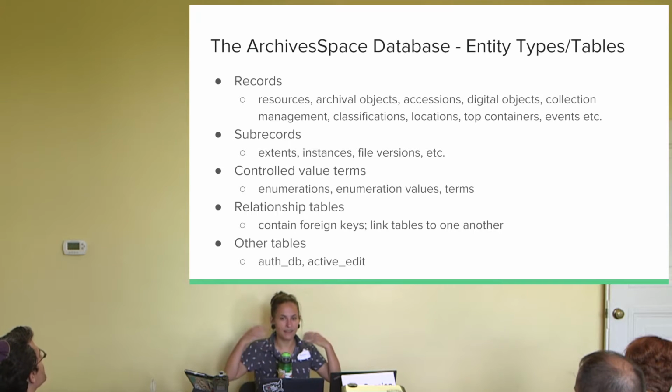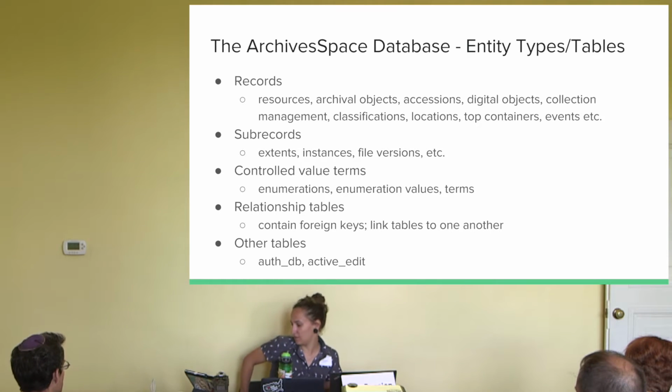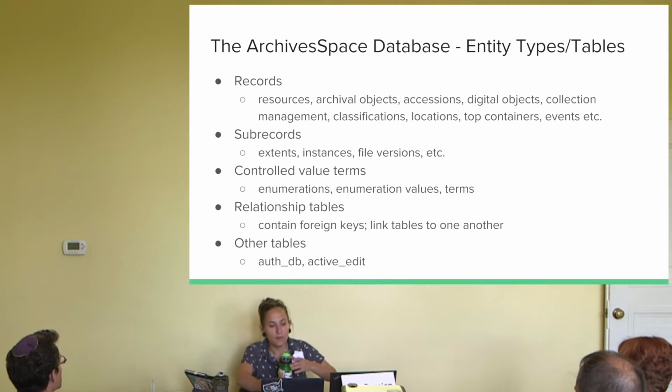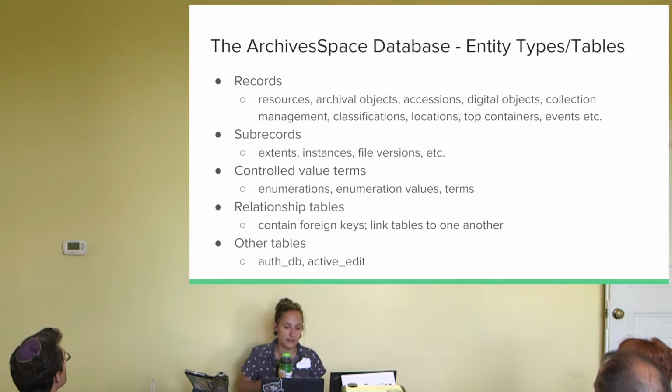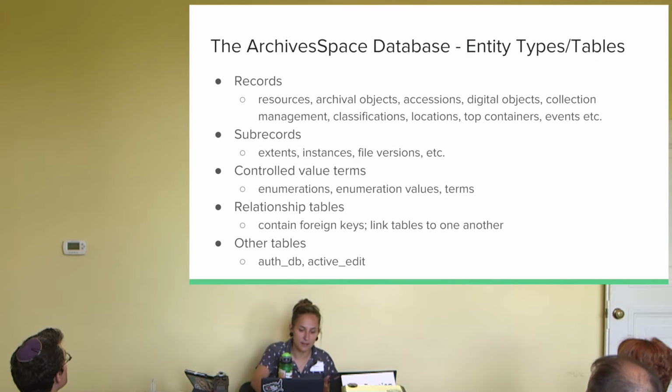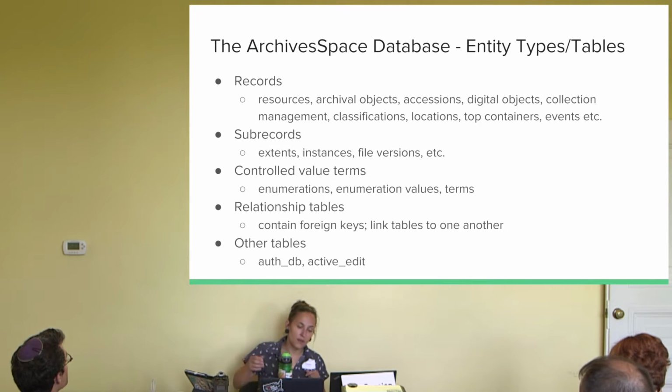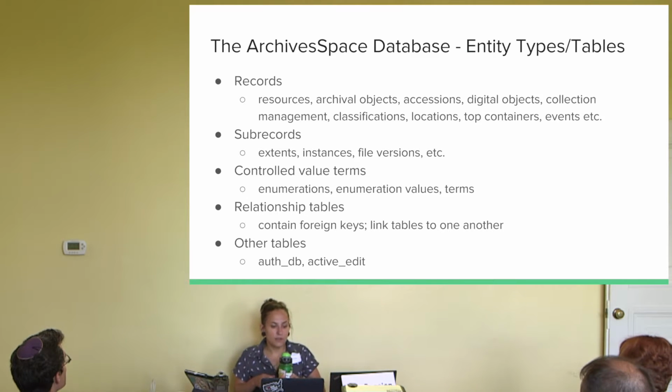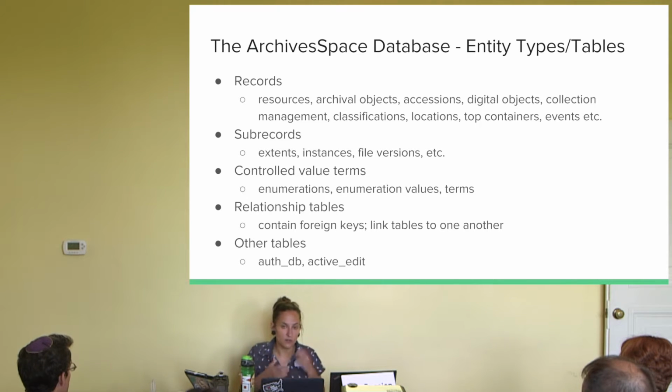I'm going to skip over some of this stuff because I'm low on time. But basically, these are all the entity types and tables that are in the database. A couple that I want to mention specifically are the controlled value terms and the relationship tables. Controlled value terms in the ArchivesSpace database are stored in the enumeration value table.